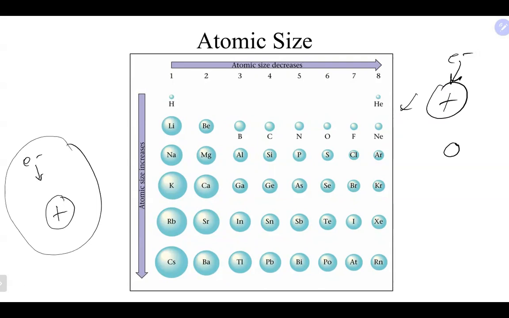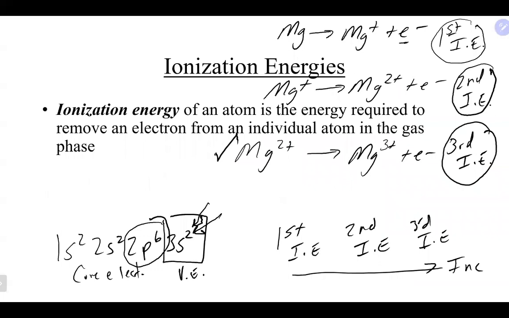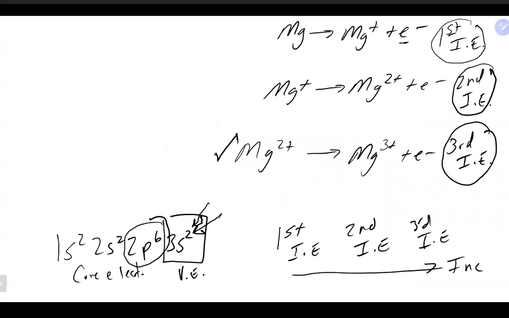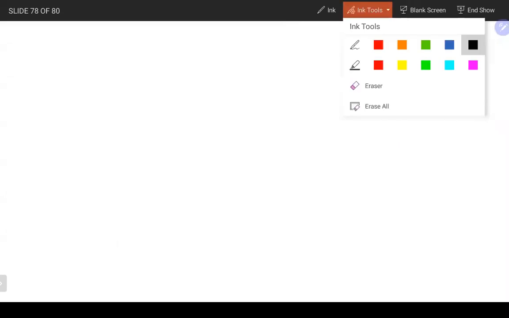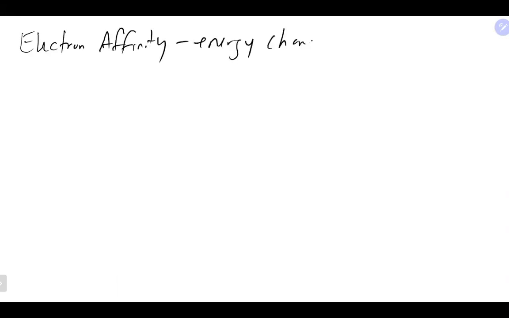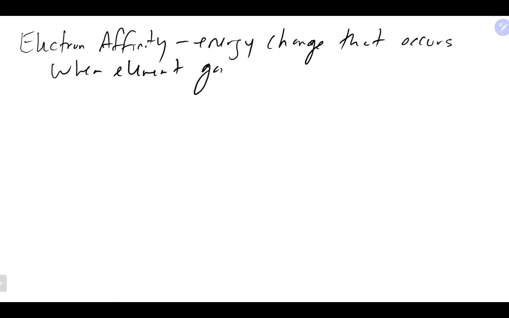So the overall size is a little bit larger as you go to the left. A couple of other important trends that we should talk about here is electron affinity. Electron affinity is the energy change that occurs when an element gains an electron.